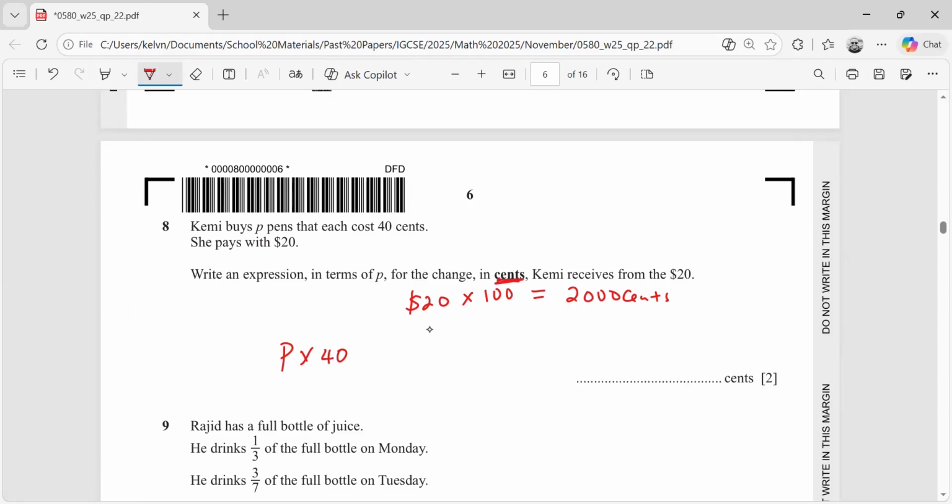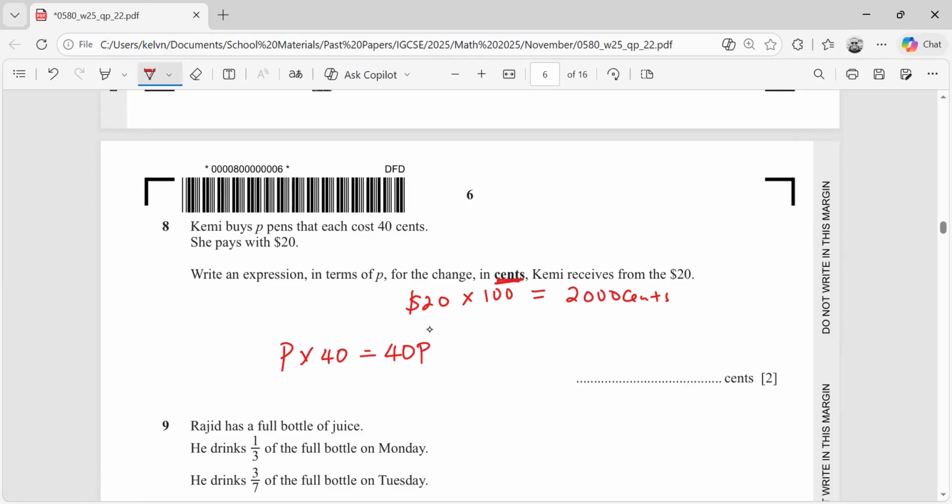Because we are told she bought P pens, which we don't know how many those are. But one is 40 cents, so if we multiply by 40, we get the total amount she paid for all the pens. I hope that makes sense, and it's clear enough. This will be 40P.